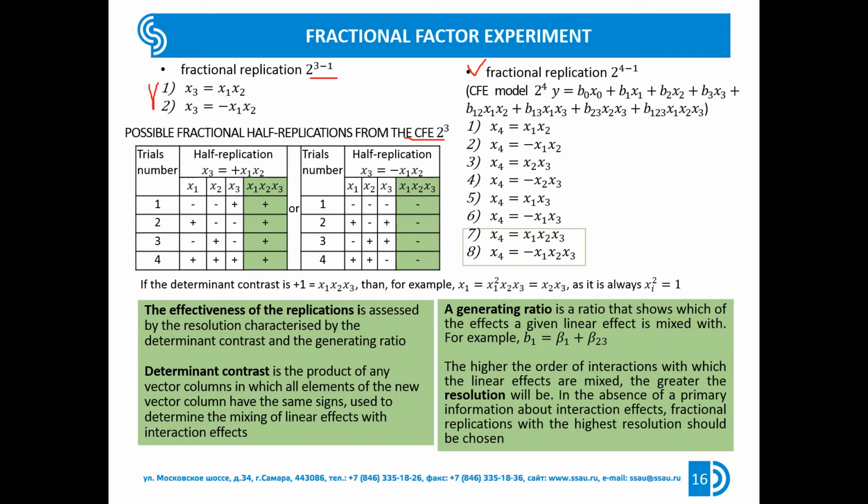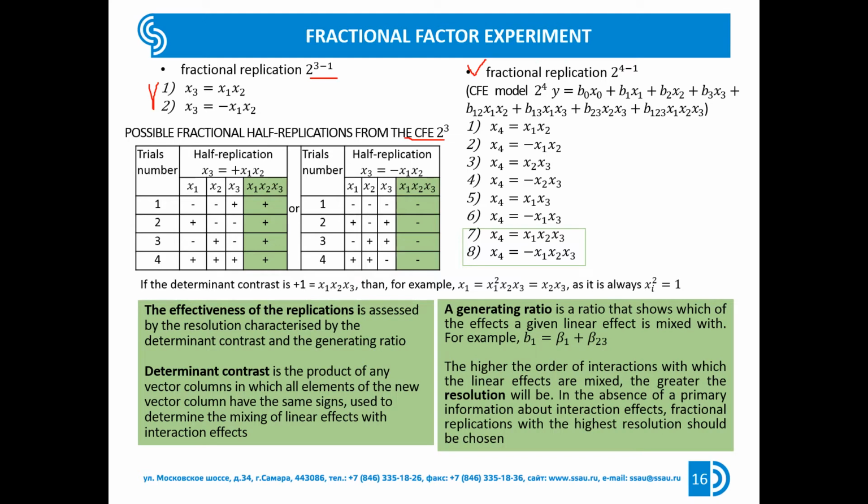The determining contrast is the product of any vector columns where all the elements of the resulting vector column have the same sign. If all signs are positive, the determining contrast is given a symbolic value of +1, and if negative, -1. An example of determining contrast is shown in the table. The determining contrast is used to set up a mixing system of linear effects with interaction effects.